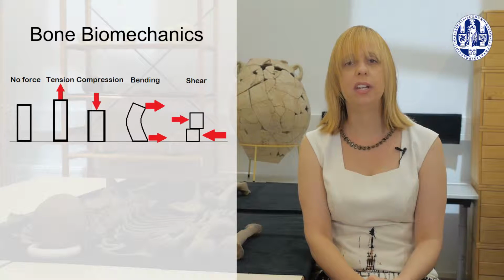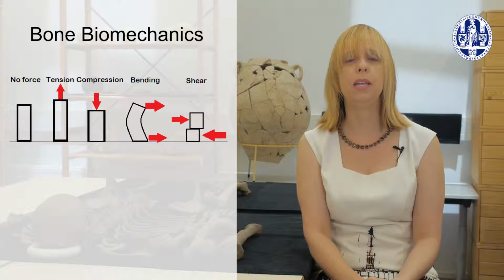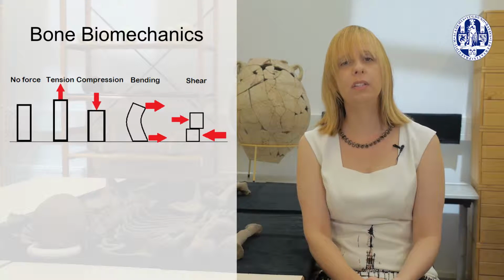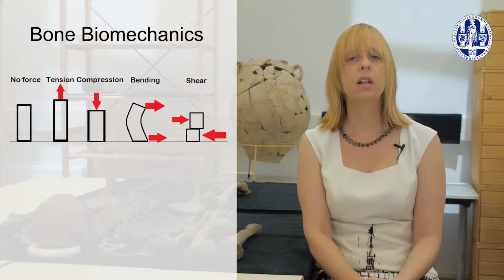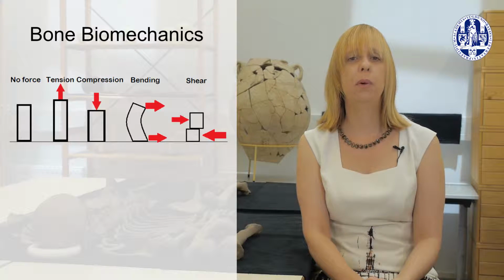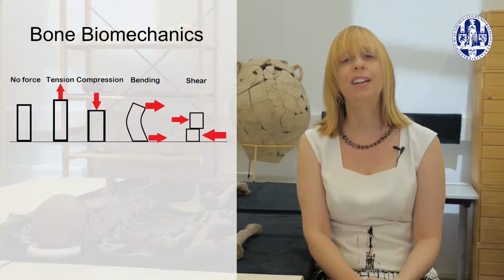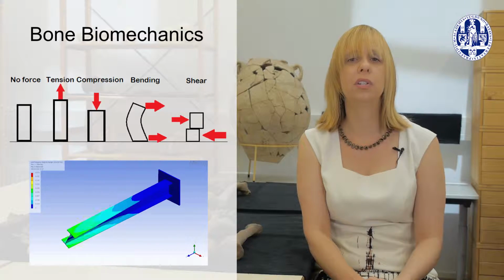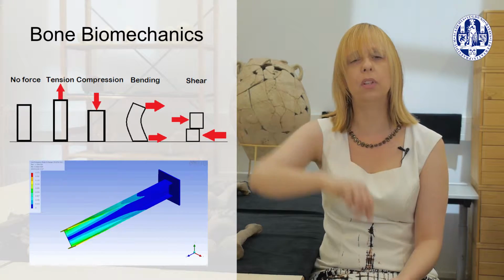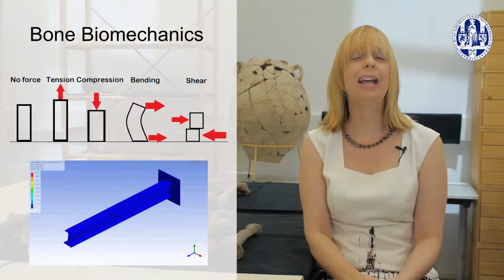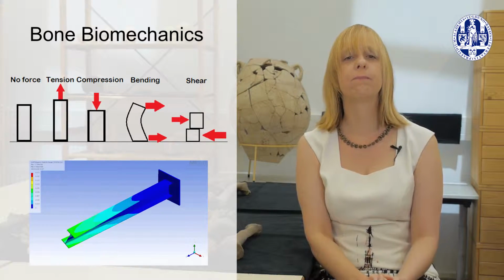Compression and tension act around the long axis of a beam and respectively compress the beam or pull it apart. Bending is the result of both compression and tension on opposite sides of a cross-section. And finally, torsion is a force where the beam is twisted around the long axis, producing diagonal or shearing stresses.